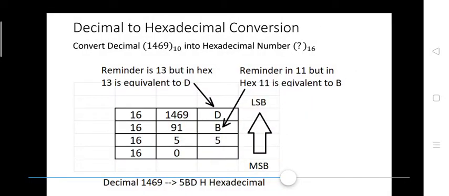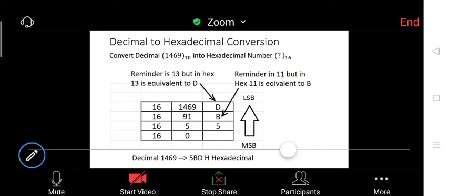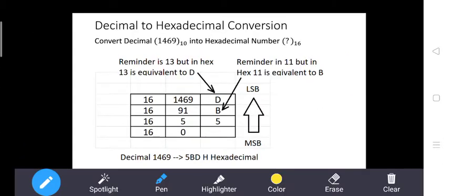First, we start the decimal to hexadecimal conversion. For this, we take one problem: 1469 decimal. I want to convert this decimal into a hexadecimal number. As per our previous method, decimal to binary conversion, we take the decimal number and divide it by 2.